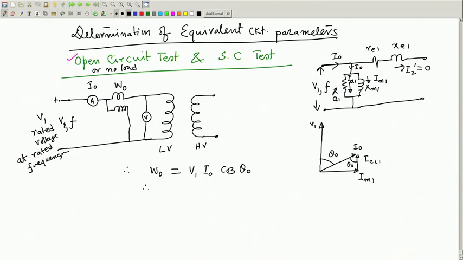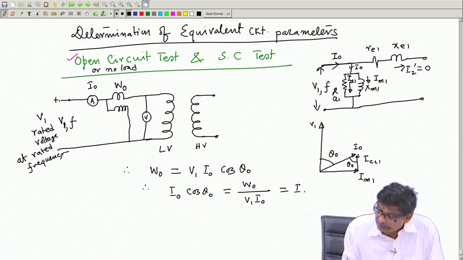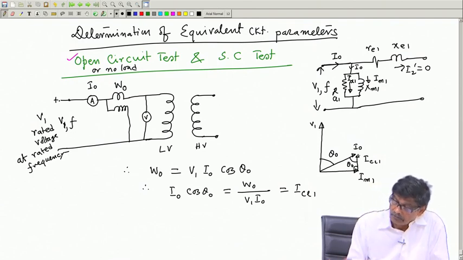From this I can get the value of I naught cosine theta naught to be equal to W naught by V1. Note that I naught cosine theta naught is also equal to ICL1 from this right angle triangle. So ICL1 is known.